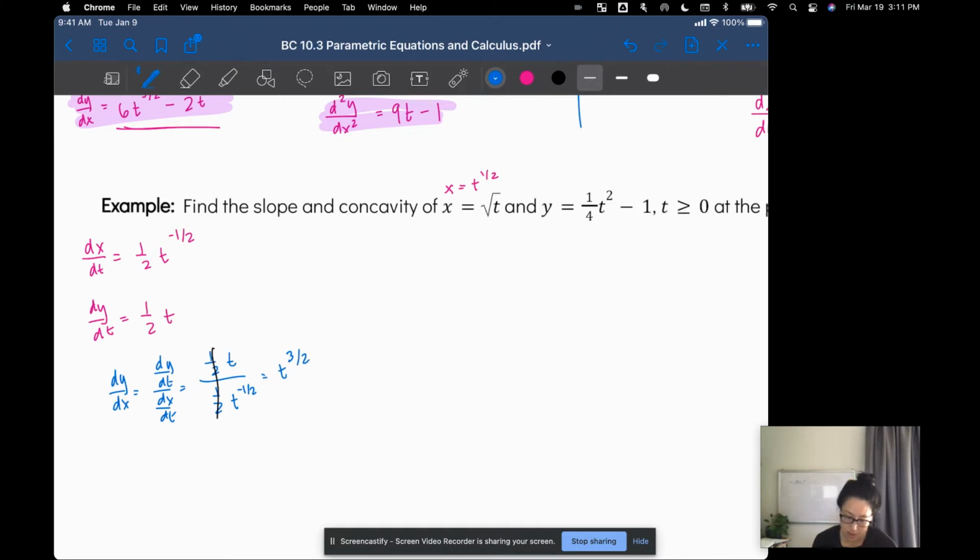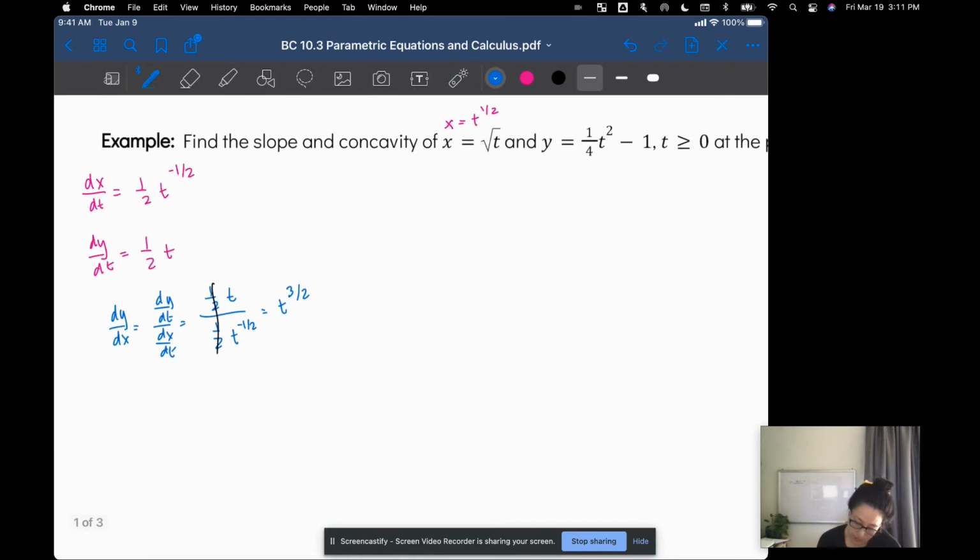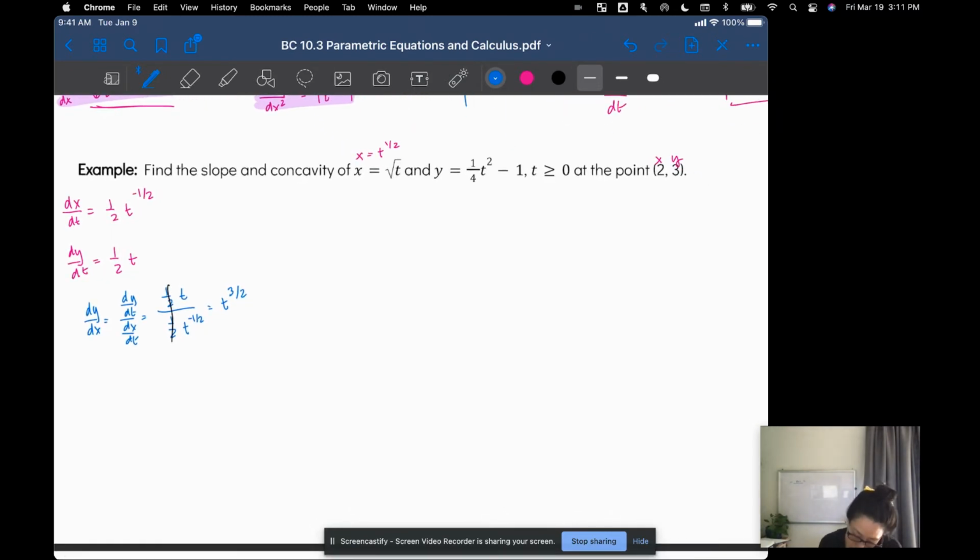Okay, and so that's dy/dx, but I want to know the slope particularly at the point 2, 3. Now the problem is that my function is written in terms of t. So I need to know when x is equal to 2, what does t equal?